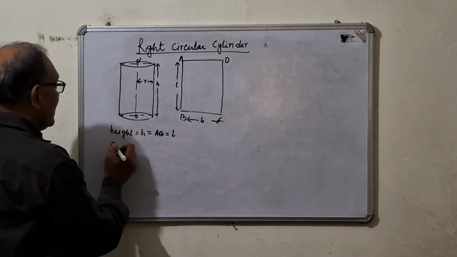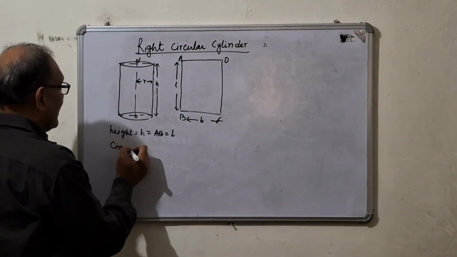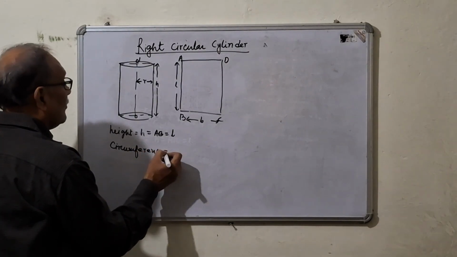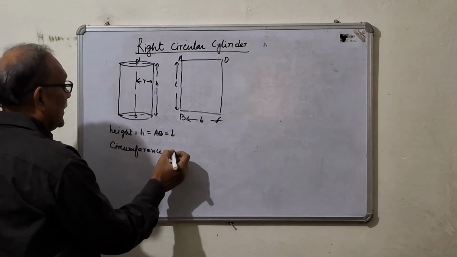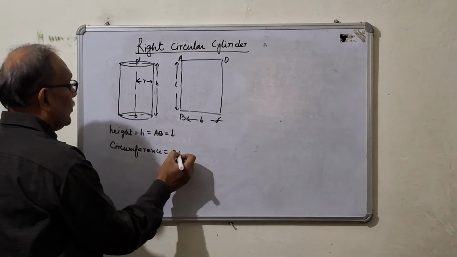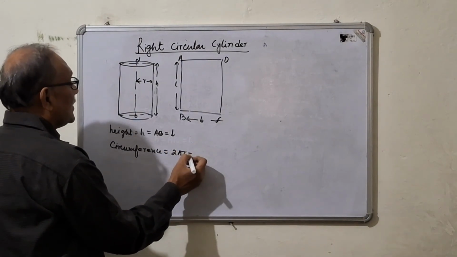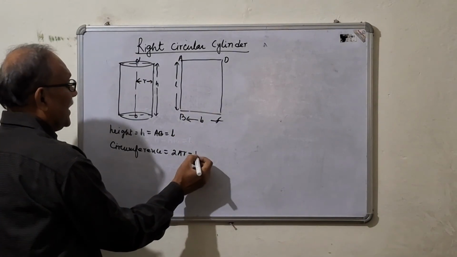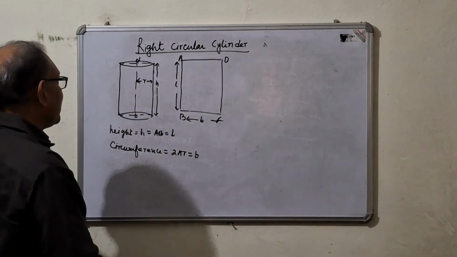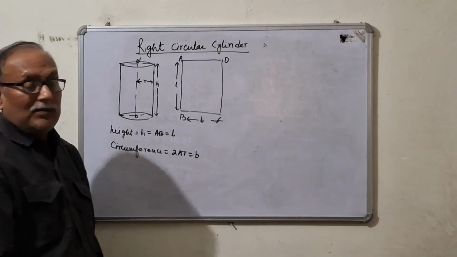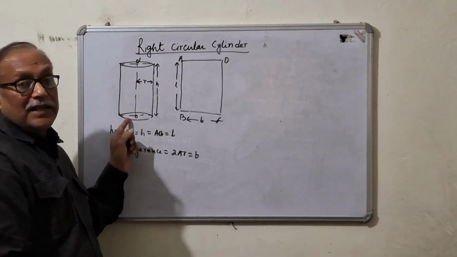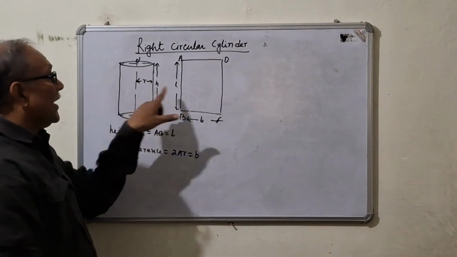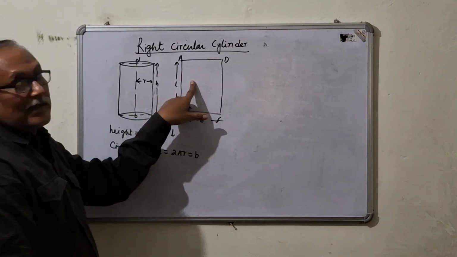So circumference will be equal to 2 pi r, which is equal to the breadth of this rectangle, that is B. Now the curved surface area of this cylinder will be equal to the area of this rectangle.